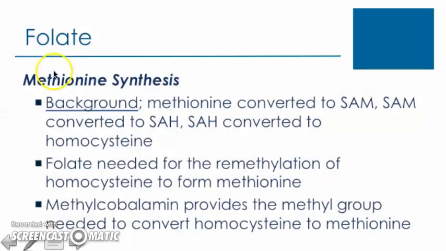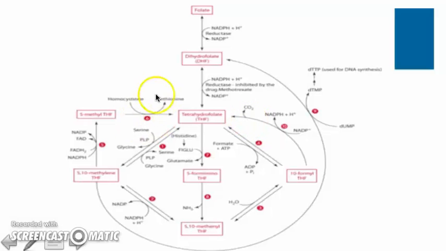Next, we're going to discuss in more detail the synthesis of methionine. So for the methionine synthesis, we're going to see where this is going to be occurring and the intermediates involved. We see again in this diagram, we see methionine.